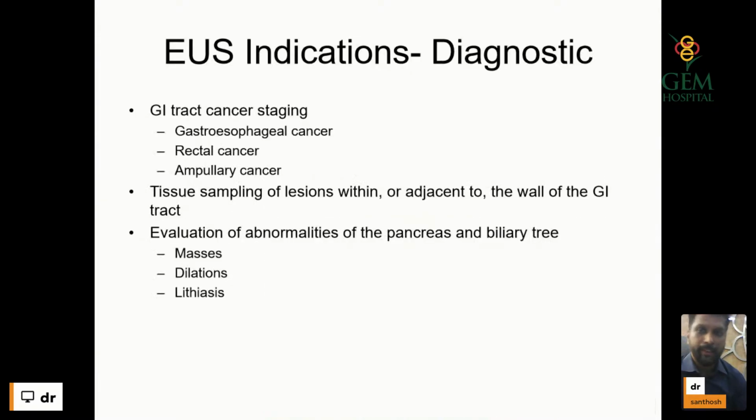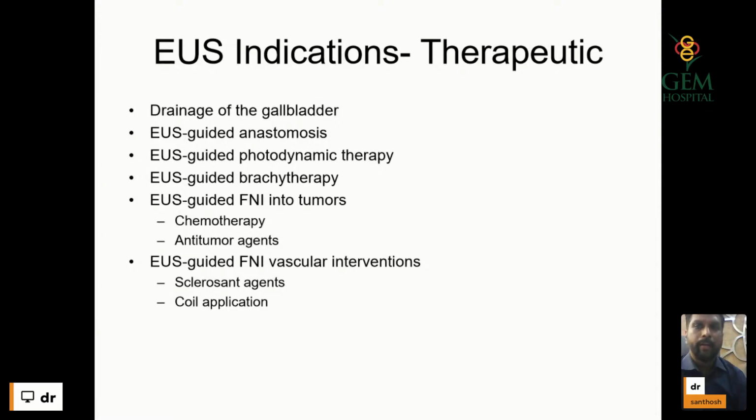EUS indications include GI tract cancer staging for diagnosis, tissue sampling of lesions adjacent to the GI tract, and evaluation of abnormalities of the pancreatic and biliary tree, especially masses, dilatation, or stones. As therapeutic indications, it is used for drainage of the gallbladder, EUS-guided anastomosis like GJ, EUS-guided photodynamic therapy, brachytherapy, and fine needle interventions into tumors like injecting chemotherapy or anti-tumor agents.